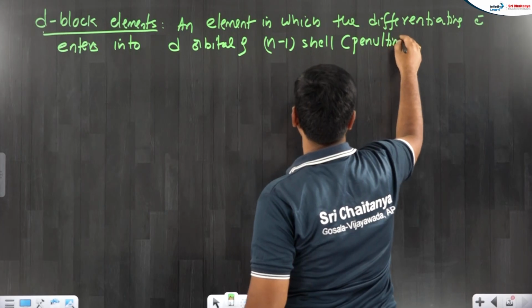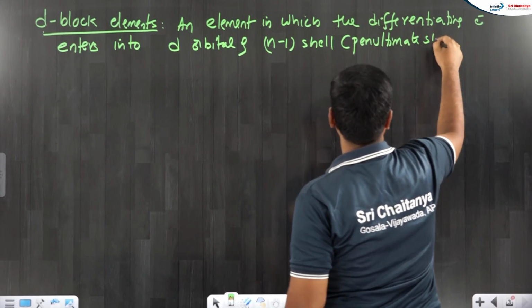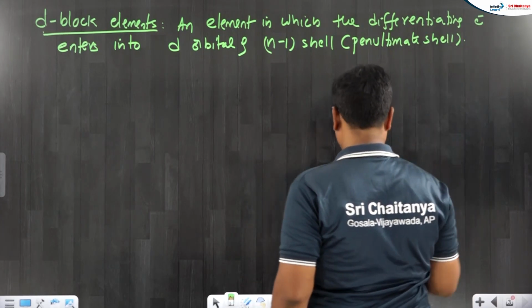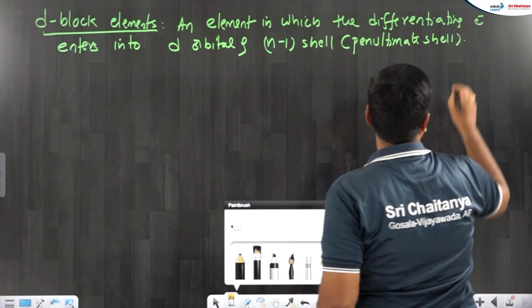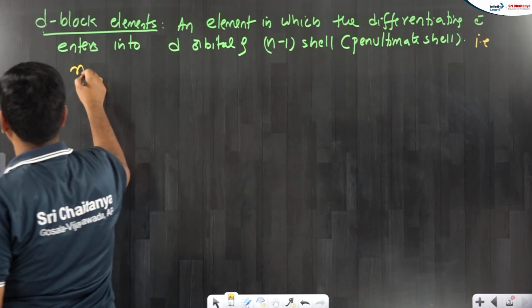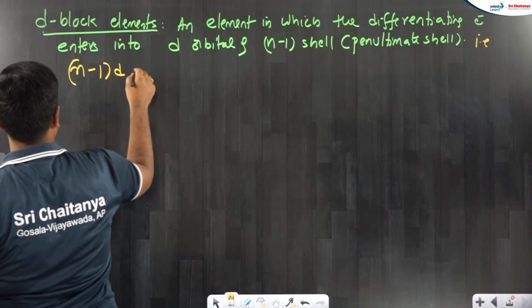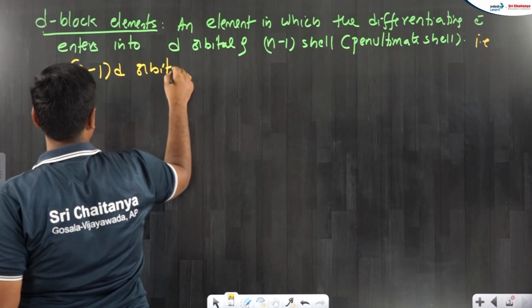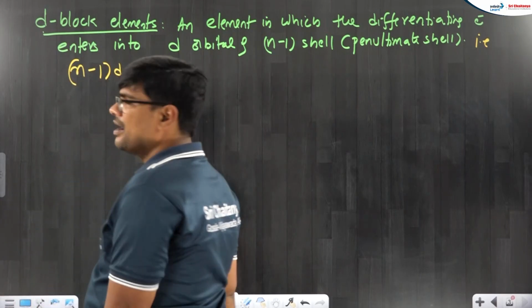That is the (n-1) d orbital. Such elements are called d block elements.